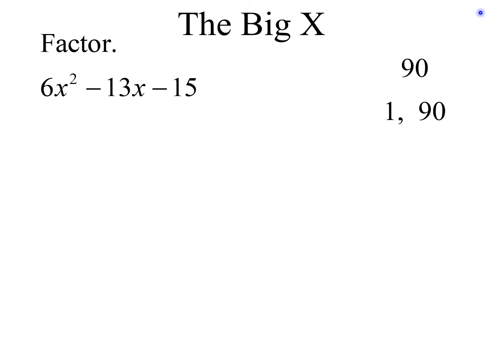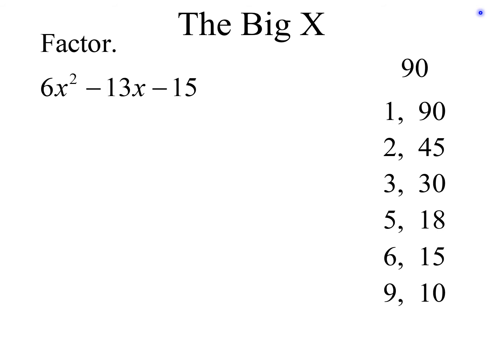How about 2 times something? 2 times 45. 3 times 30. 4, I don't think 4 goes into 90 nicely, so then maybe 5 times 18, 6 times 15, 7, does 7 go into 90? If you do long division, you'll see that it doesn't, and 8 does not go into 90 as well, 9 and 10. So those are all your factor pairs of 90.